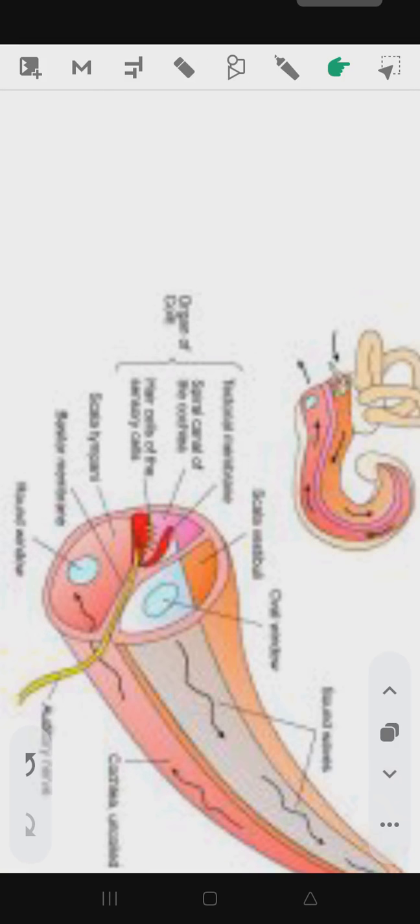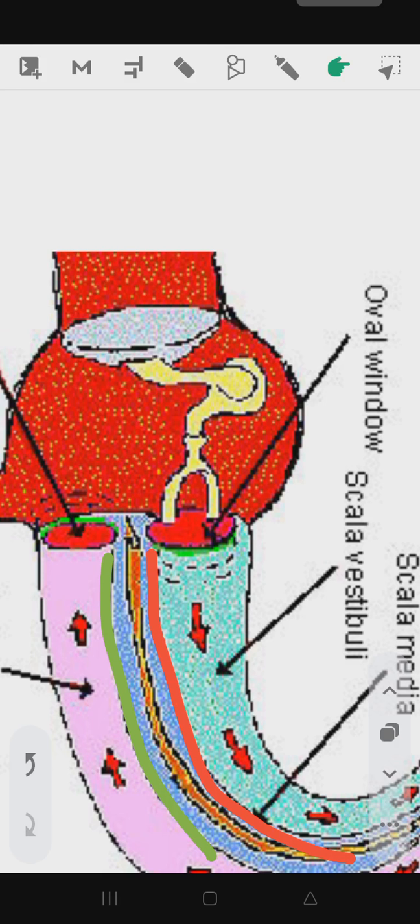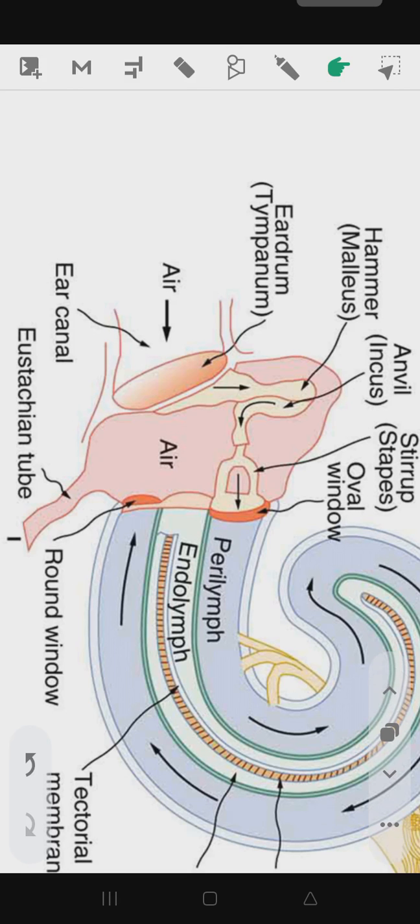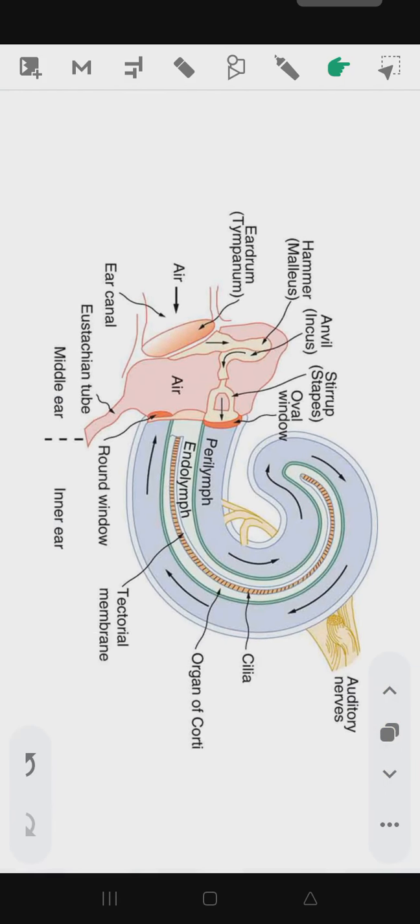Okay. Now just focus first of all on the membranes. What are the membranes and what are they made of? Let me take you to this diagram. See, that's the eardrum, the tympanic membrane. That's how the malleus vibrates, then the incus, and the stapes, oval window, perilymph, which here is known as the scala vestibuli, helicotrema, scala tympani, right?